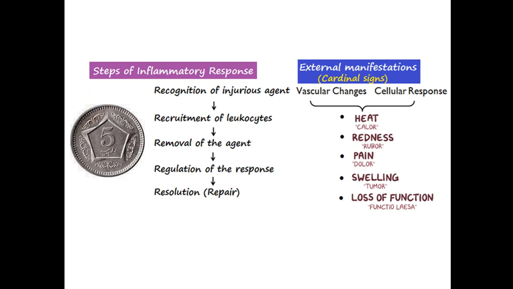Now, inflammation is a multi-step process, and we must remember the various steps by remembering the 5 rupees coin, 5 Rs. First, our immune system should recognize the injurious agent, that it is foreign, injurious and damaging to the body.